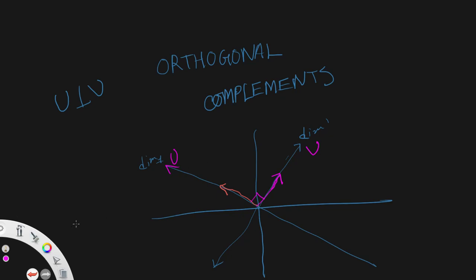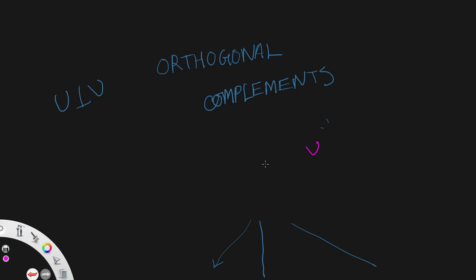Now, to be orthogonal complements, it is not enough for two vector spaces to be orthogonal. They also have to be complete. And by that, I mean, let's say two vector spaces U and V are orthogonal and they are both subspaces of Rn.